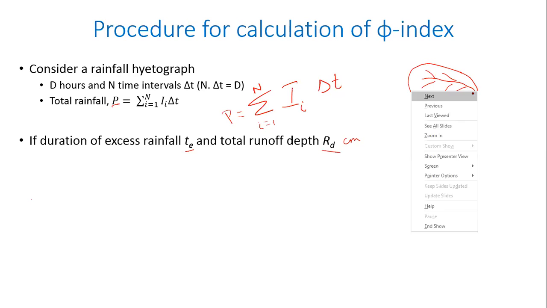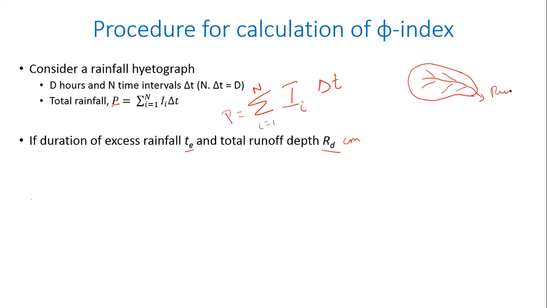At the outlet, I measure the runoff as a function of time. Rainfall starts at t equal to 0 and ends at t equal to D hours.